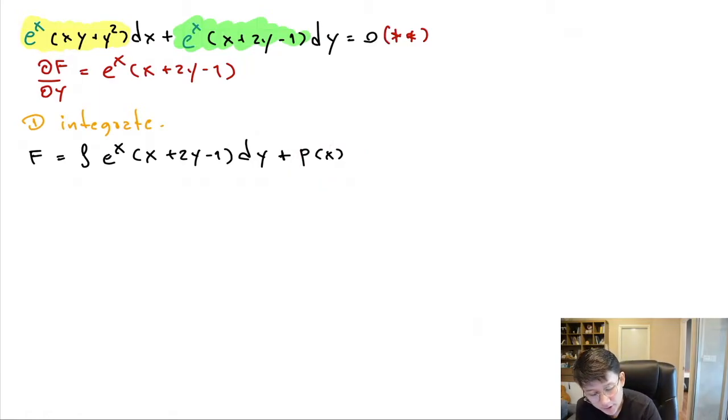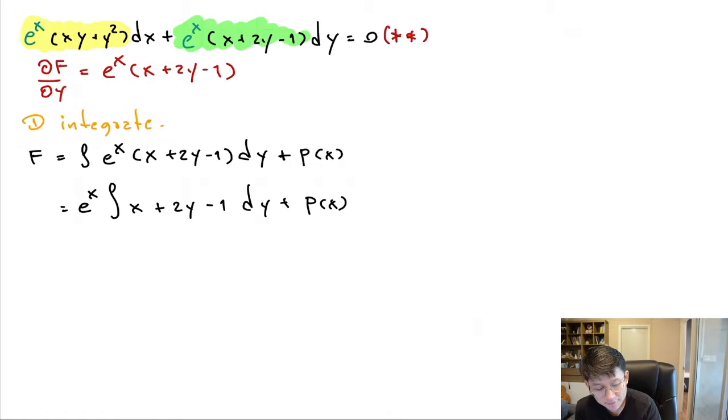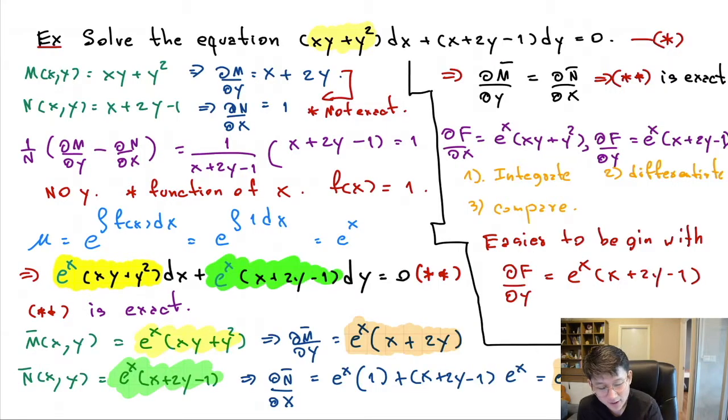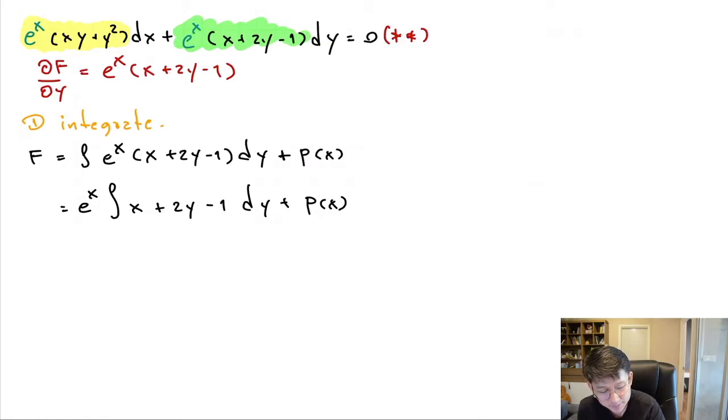Here we integrate by y, so x is considered as a constant, so I pull e to the x out, so it's the integral of x plus 2y minus 1 dy plus px. In the previous video I called it gx, so I'll just stick with gx, not to make you guys confused.